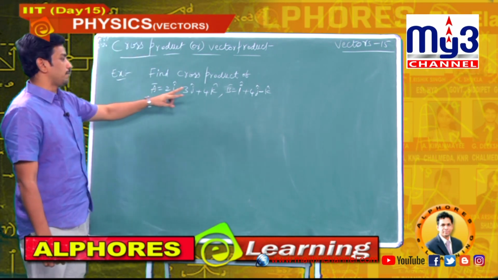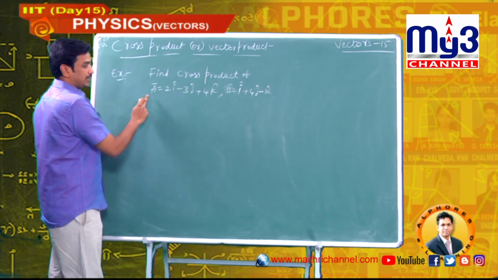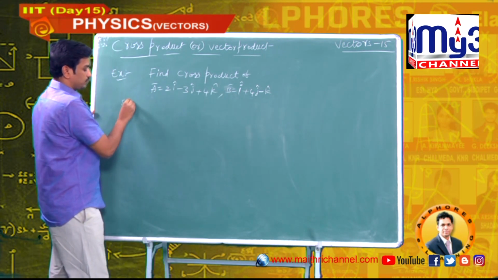So I took a bar and b bar. Using these values, now I should calculate the cross product between the two vectors.